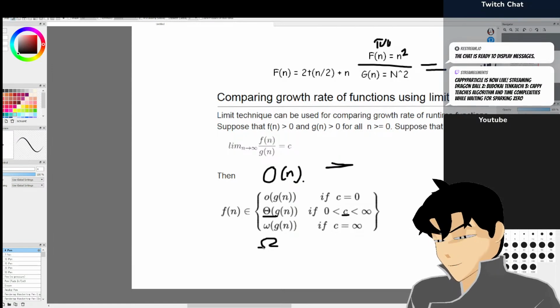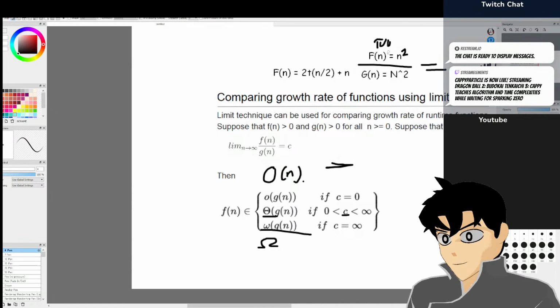This is faster than, but not insanely faster than. This is insanely faster than. So f of n would be growing significantly faster than g of n, because c is approaching infinity.